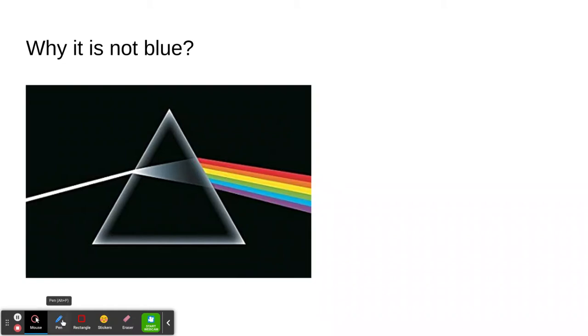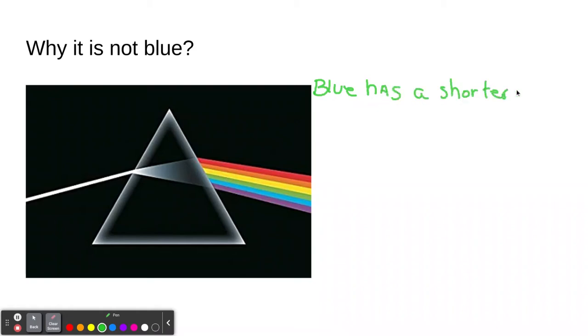Okay, so let's use green. Why not? So here's the reason why our veins are not blue. Blue has a shorter wavelength than red.